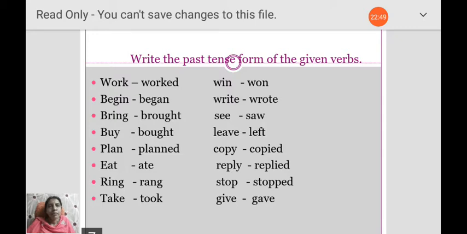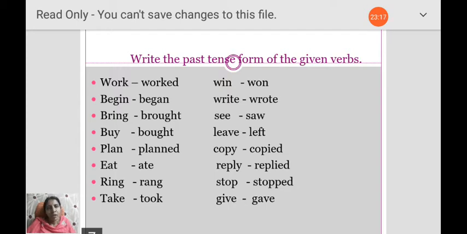Worked. Okay, begin. This is began. Irregular verb is this. Bring, brought. And immediately look at another verb below.